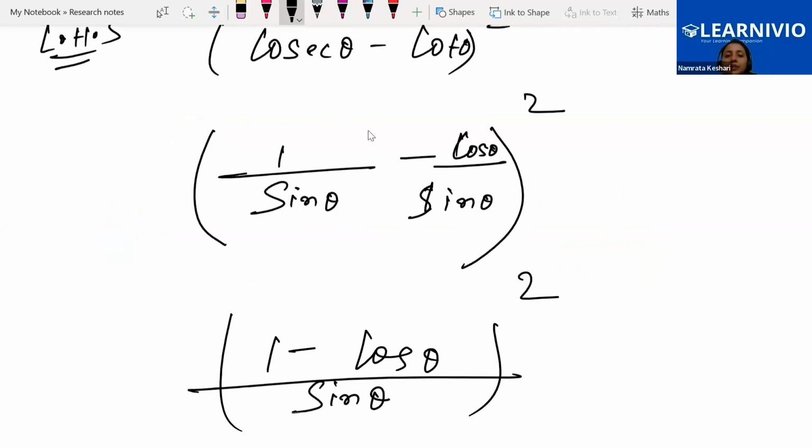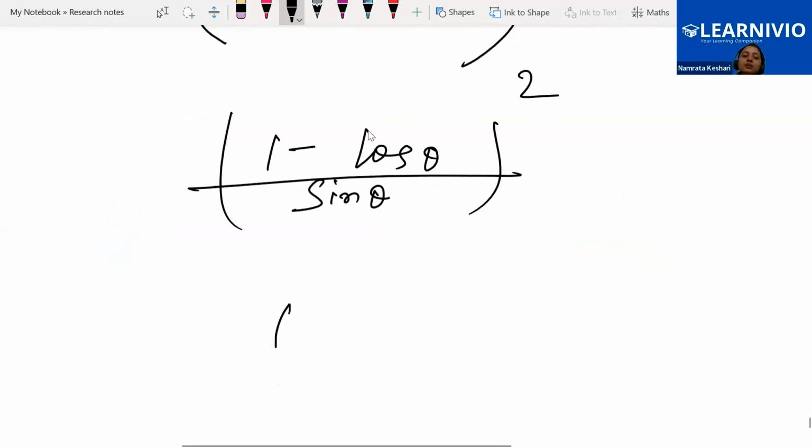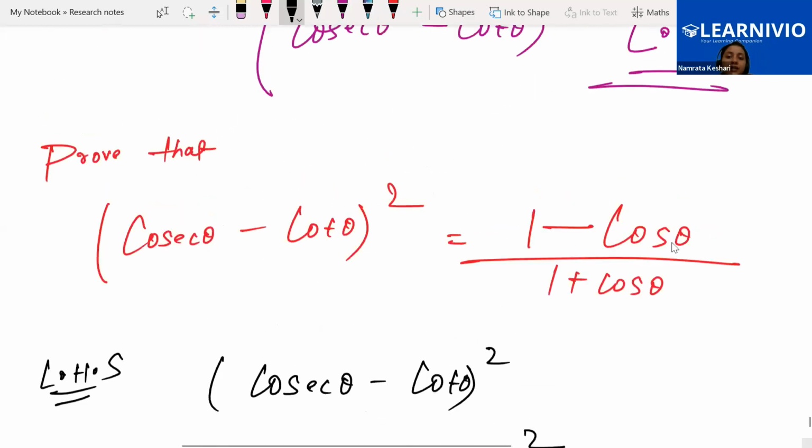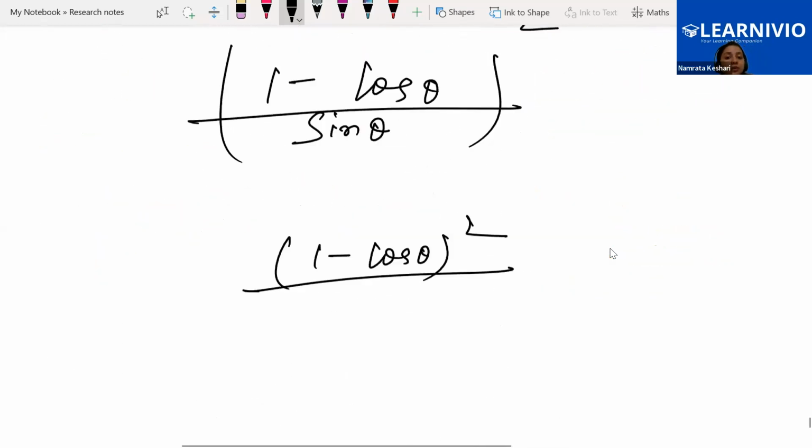Now we will give the square in the numerator's form, but we will not expand because on the other side we can see 1 minus cos theta is there. If you expand it, you will not be able to prove it. This numerator part looks like the right hand side for now, so we will not disturb it.